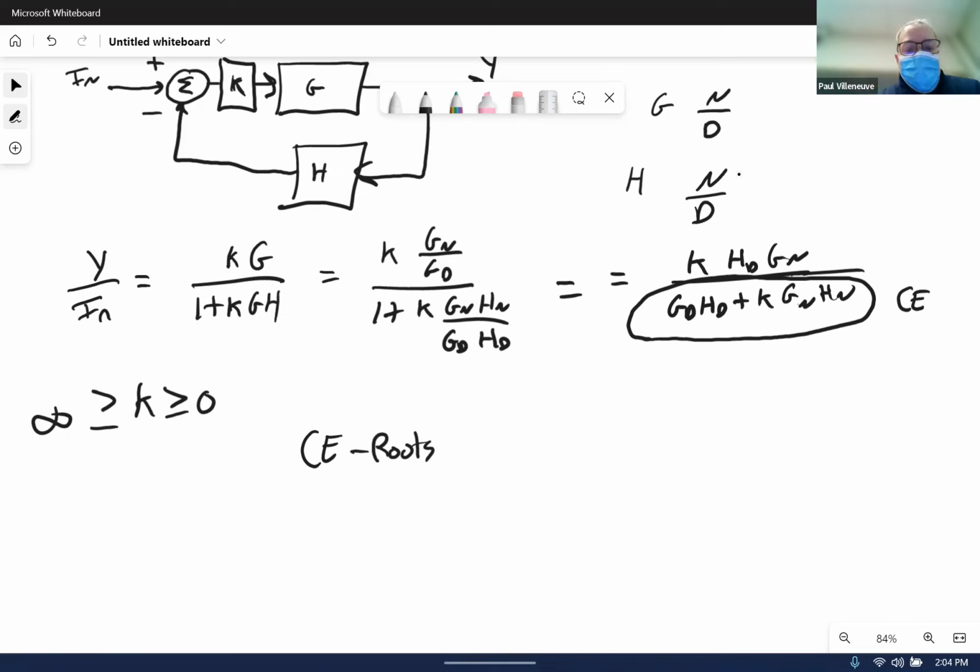So the roots of our characteristic equation are what determine the performance or the operating characteristics of our particular system. So all we need is the roots of our characteristic equation to tell us how the system is going to respond, whether it's going to be stable or not, how fast it's going to reach steady state, how much overshoot, et cetera, et cetera.